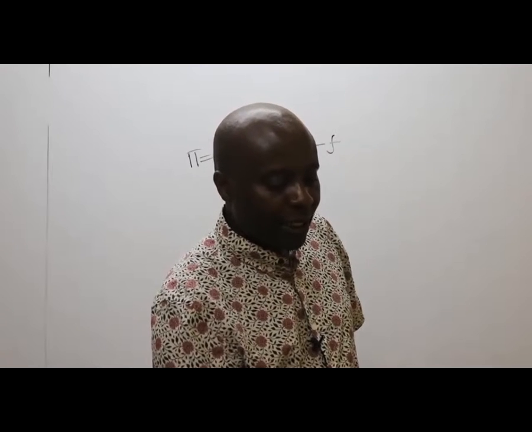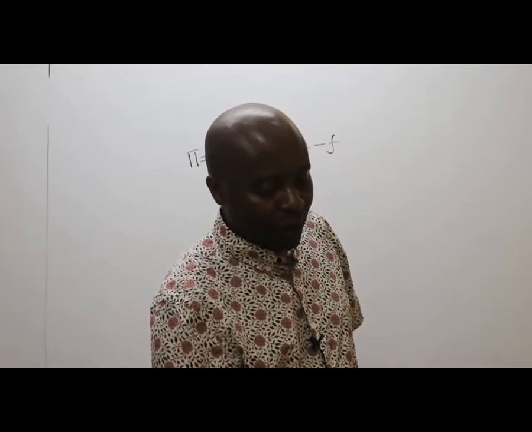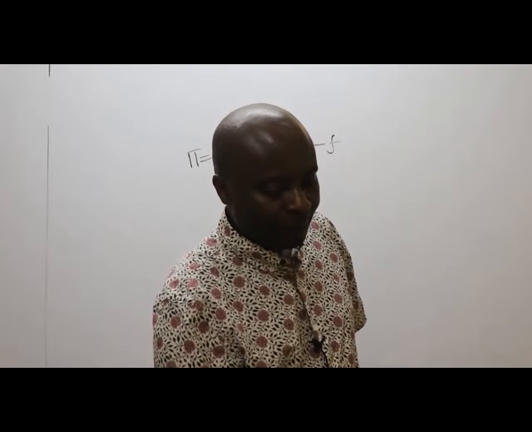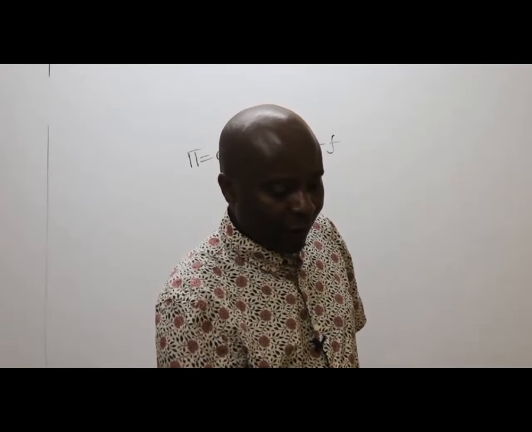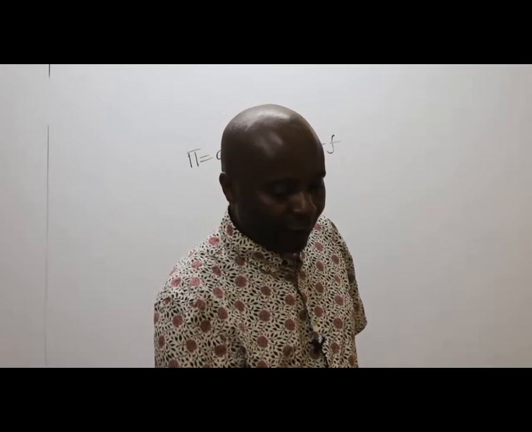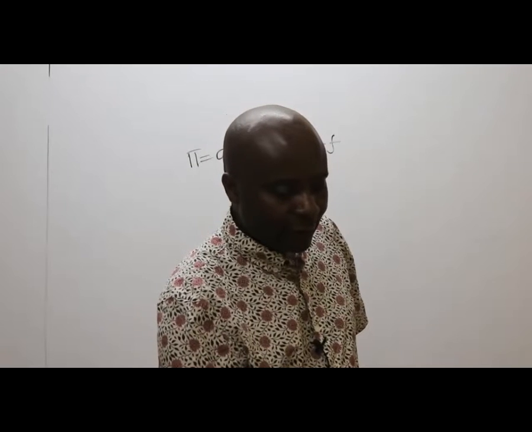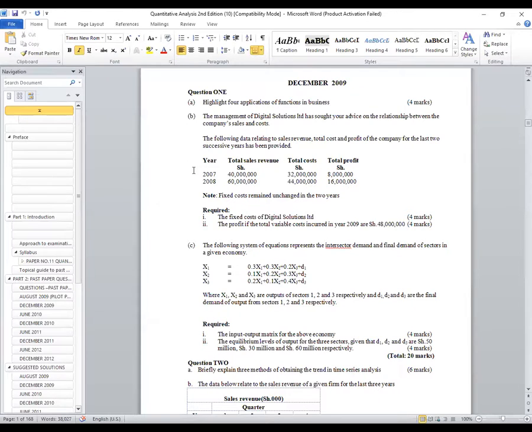And if you're saying yes, what makes you think that he has given us the 2 points? It's because he has given us 2 years. You can see we have year 07 and year 08. Those are the coordinate points that I'll use to establish my straight line.